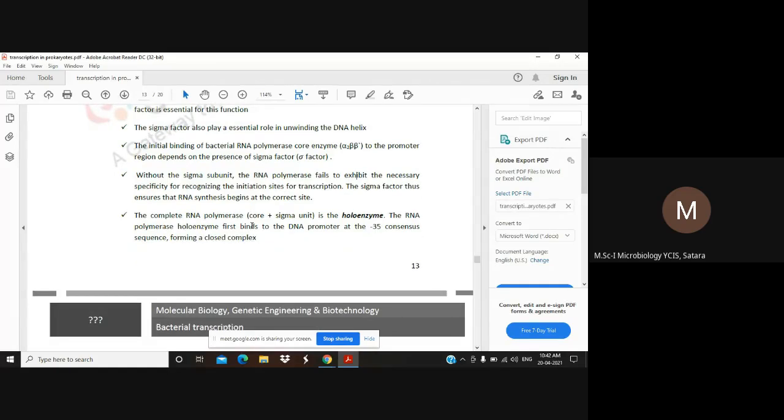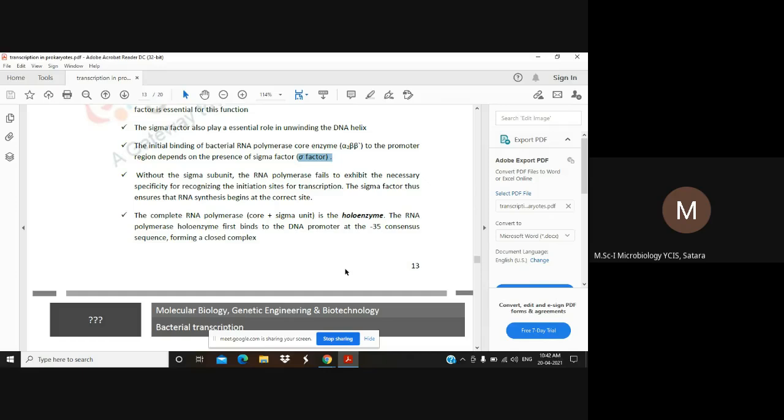The initial binding of the RNA polymerase core enzyme to the promoter depends upon the presence of sigma, because sigma is the main factor which binds to that promoter region. First, who binds? First the sigma binds. What does it do? It recognizes. This is the region from where the transcription starts. So the sigma factor is required for recognition of the promoter region. Remember the function of sigma. What is the sigma factor needed for? Recognition of the promoter.